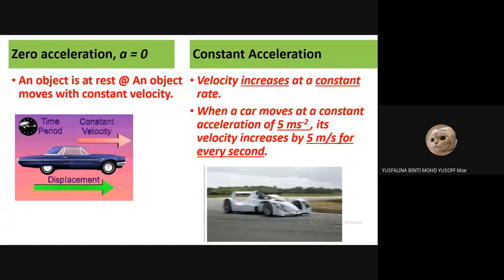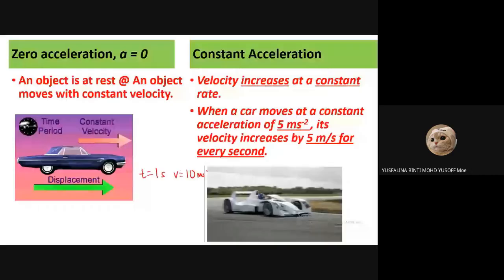Next, we go to constant acceleration. With constant acceleration, velocity increases at a constant rate. Let's say when t is 1 second, my velocity is 10 ms negative 1. When t is 2 seconds, my velocity is 20 ms negative 1.